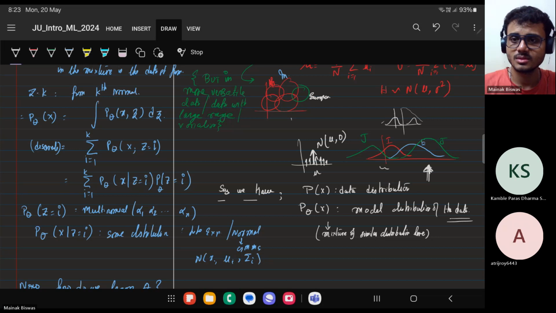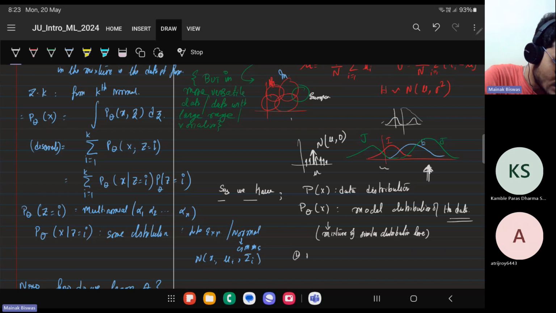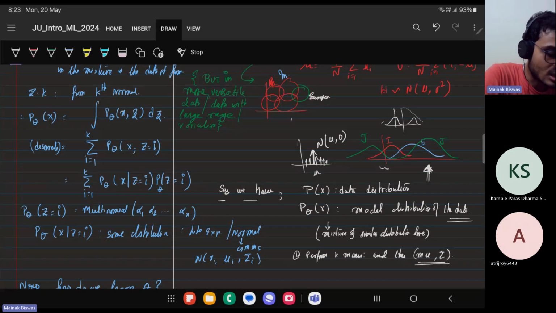Correct? Like first perform k-means and then, that's a good idea. That's a pretty good idea. Perform k-means and develop a Gaussian for each cluster, with its mu and sigma. You can try this. This is a very good idea, but it is a very naive idea. Good but naive.